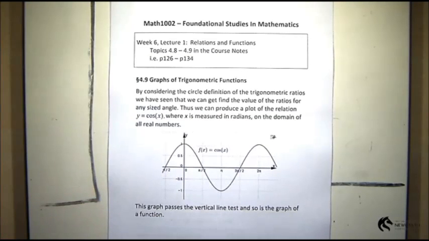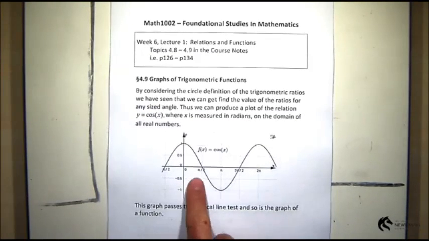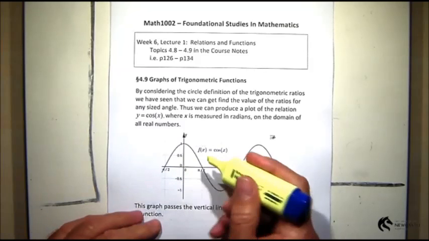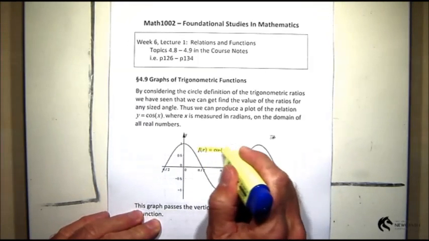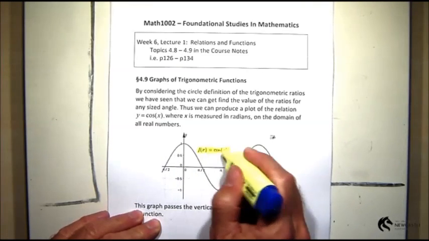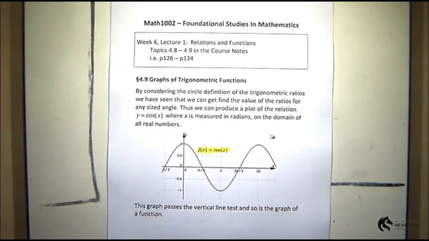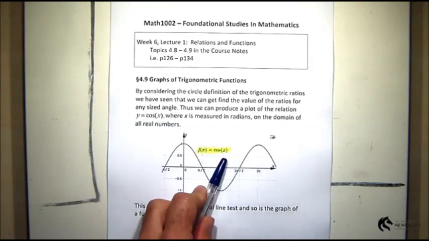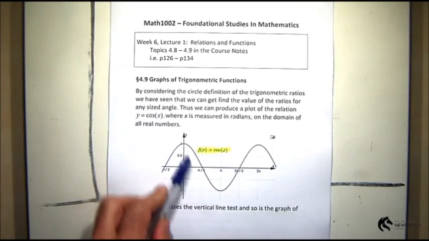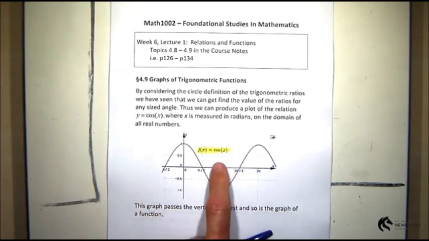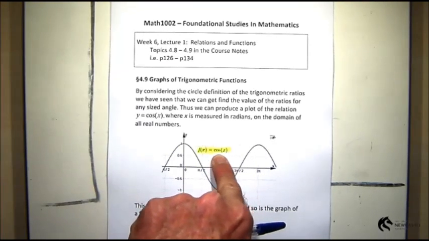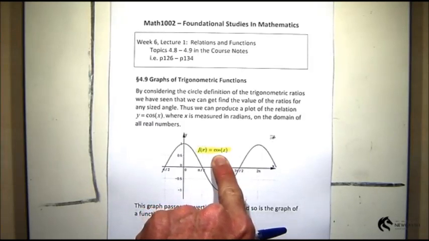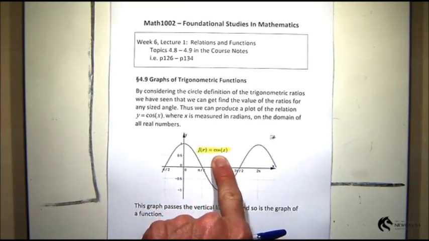So, there's the picture I just drew. That's the graph of the function y equals cos x. As I said before, it didn't matter when we were talking about triangles whether we used bracket notation or not. But now that I'm talking about a function, I think it makes sense to use function notation for your sine, cosine and tans and so forth. You don't have to. It's not wrong if you don't.